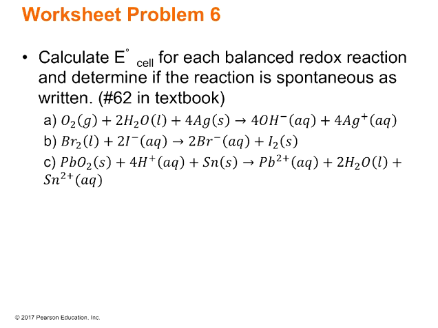And you're going to determine if the reaction is spontaneous as written. So once you calculate E cell, if it's positive, then that means that the reaction is spontaneous. But if it's negative, that means it's non-spontaneous, and you have to flip the reaction to make it spontaneous. Or another way to think of it is that the reverse reaction is spontaneous.